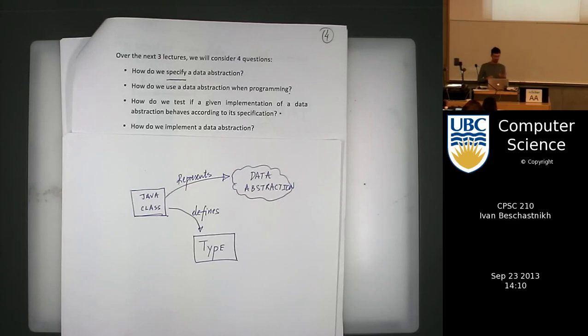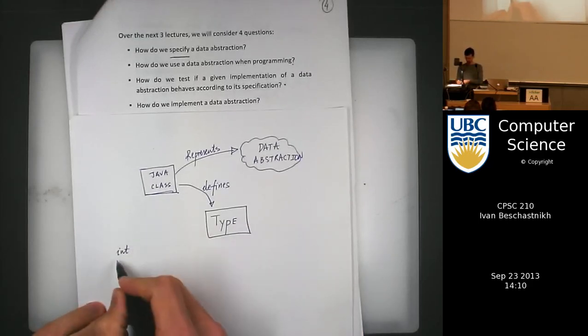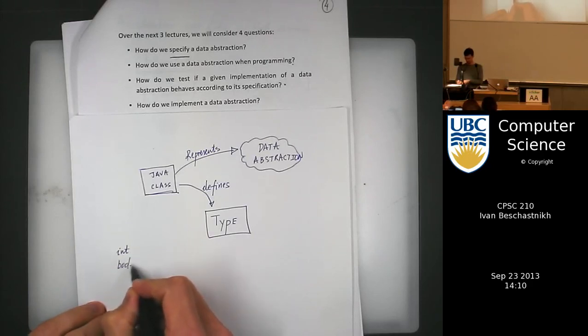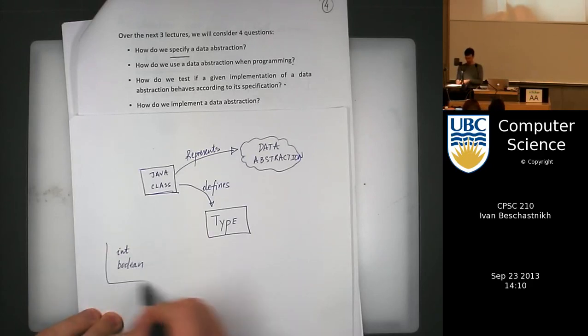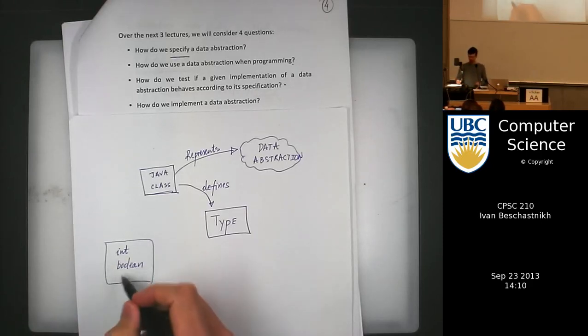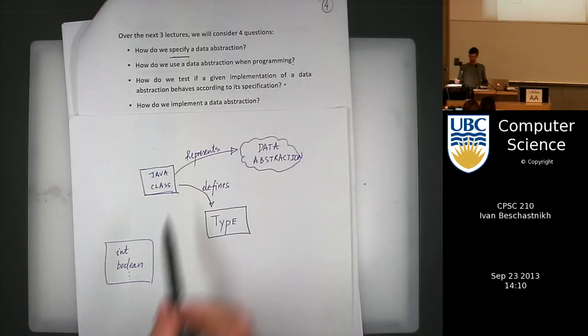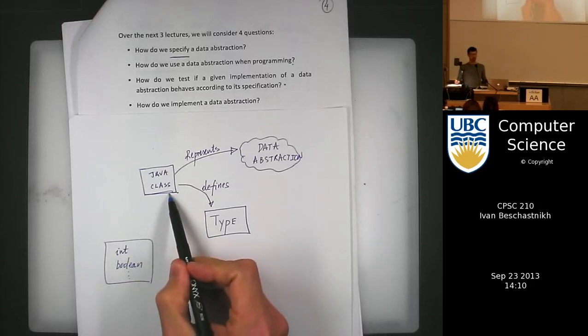And the new data type allows you to extend your language. I might have some primitives, like an integer or a Boolean. So these are also data types. But if I always write programs using only these very primitive data types, I'm not going to get very far. So what classes allow us to do is to define new data types.